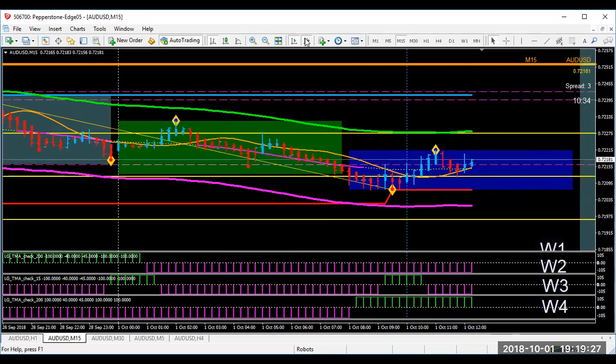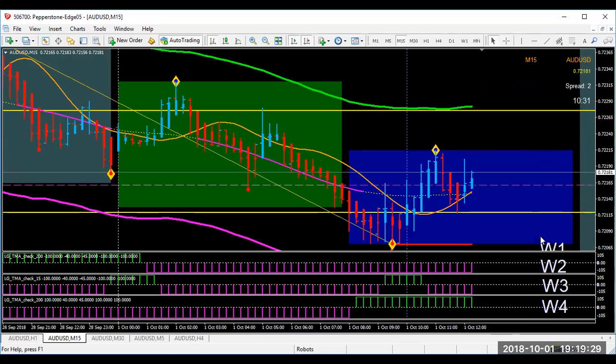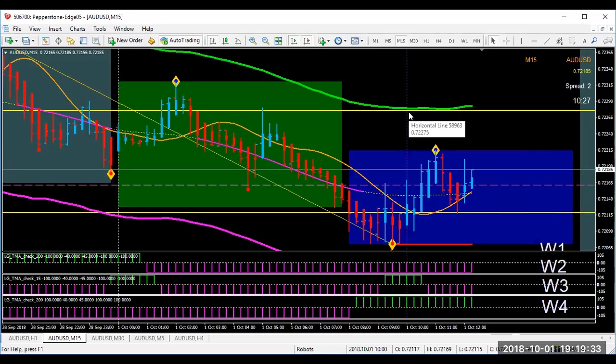And that's really the repetition of that. You know, my default stop level is 15 pips for Aussie US, and that's roughly where the green riverbank is, so I don't need to put 2 there.